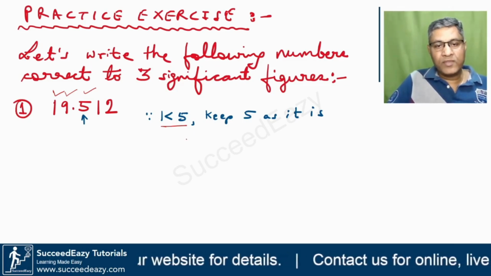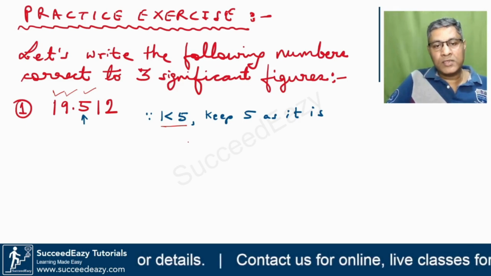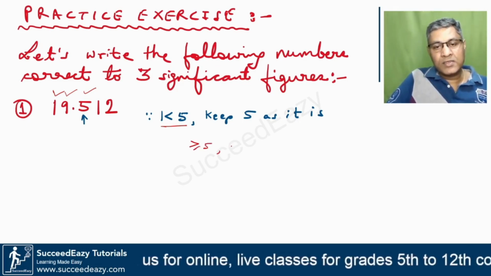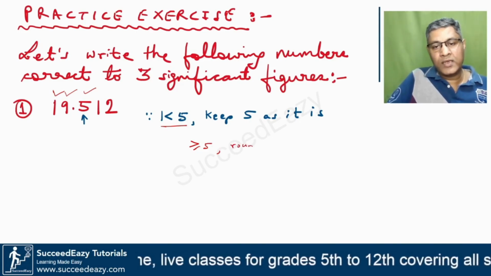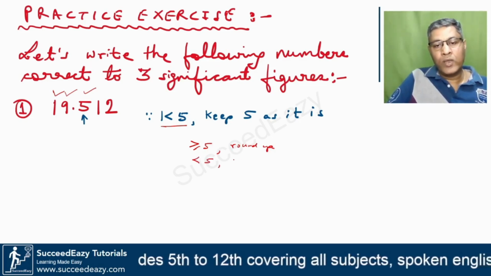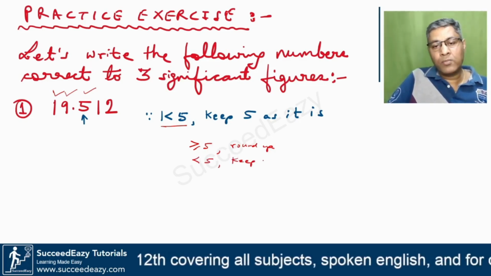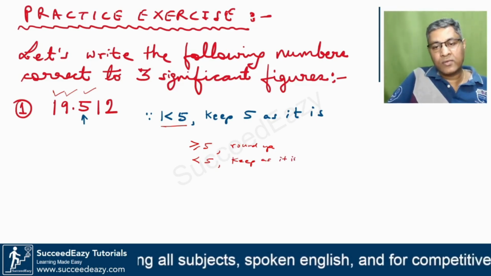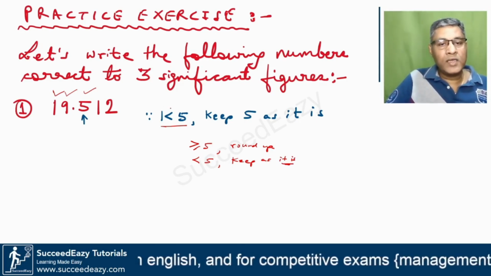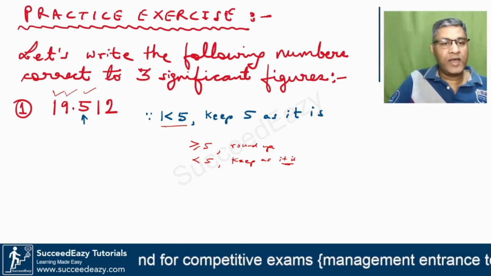If the following number is greater than or equal to 5, then we round it up, and if it is less than 5, then we keep the number as it is. You know that. So we are going to use the same logic here. 1 is less than 5, and therefore we will keep 5 as it is.